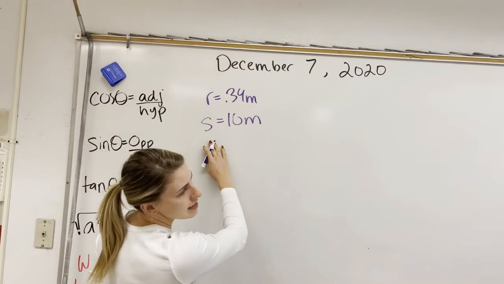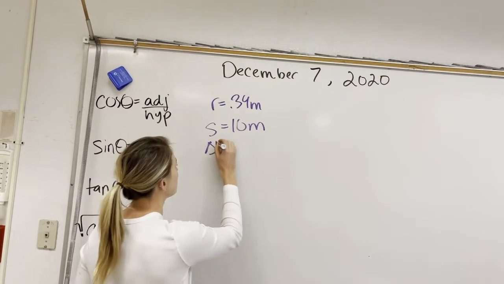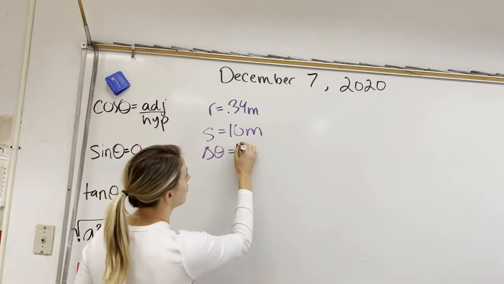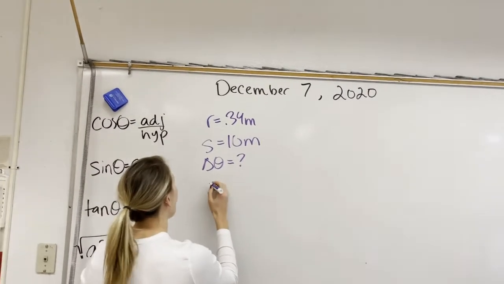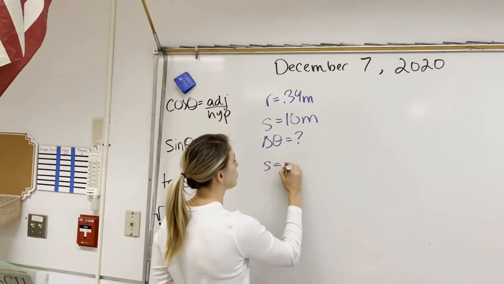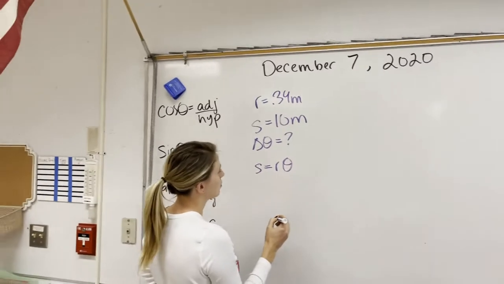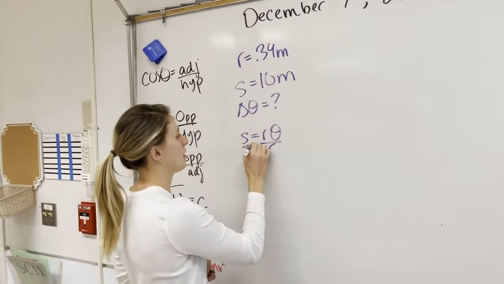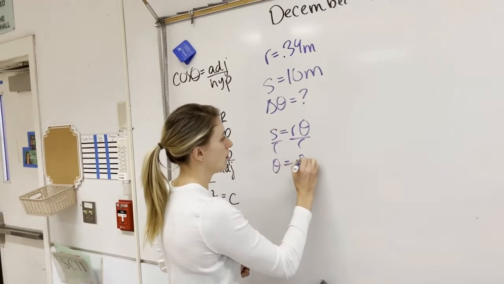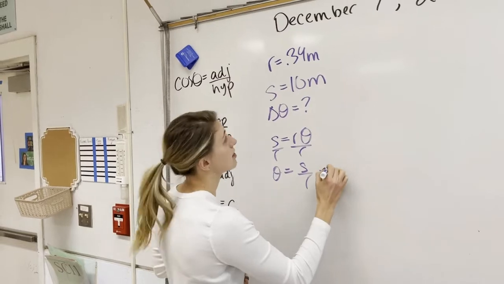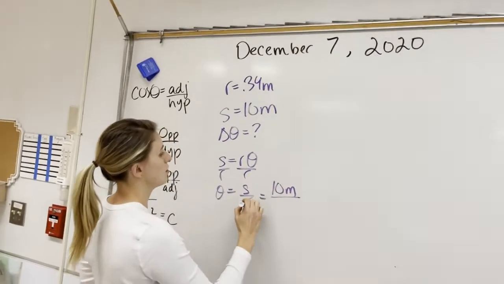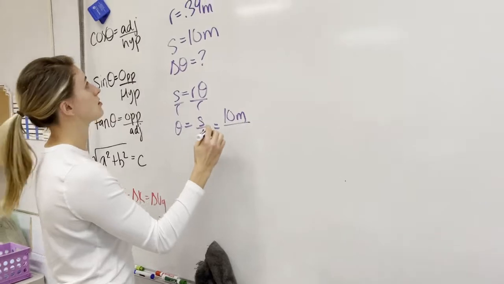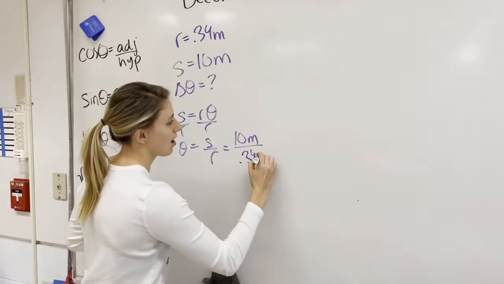What is the angular displacement of the wheels? We know that S equals R times the angular displacement, and we can just divide by R to get that by itself. My S is 10 meters, the stripe on the ground, and my R is 0.34 meters.